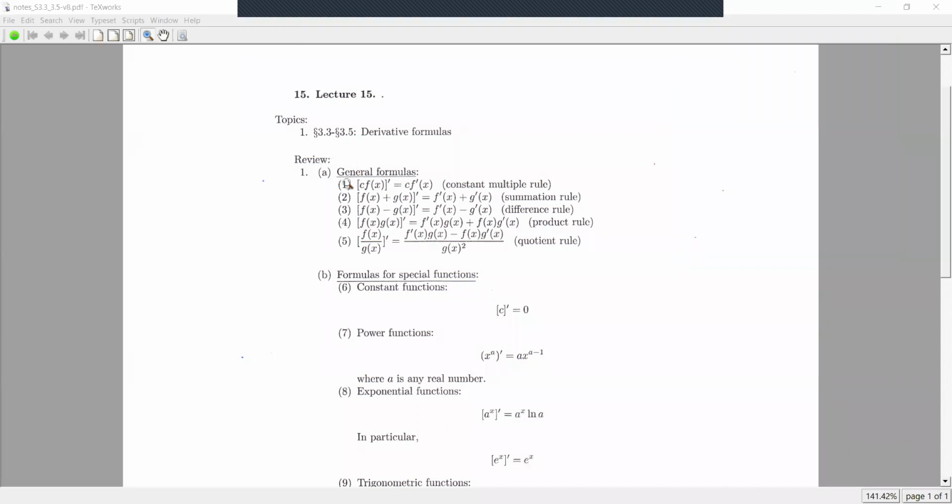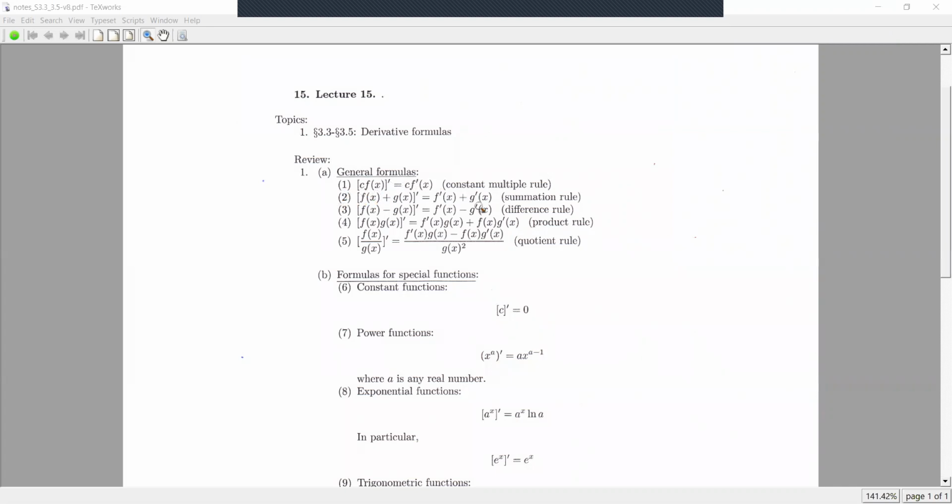Formula number 1, constant multiple rule. A constant times a function, then the derivative is the constant times the derivative. This formula says that we can move the constant outside a derivative.